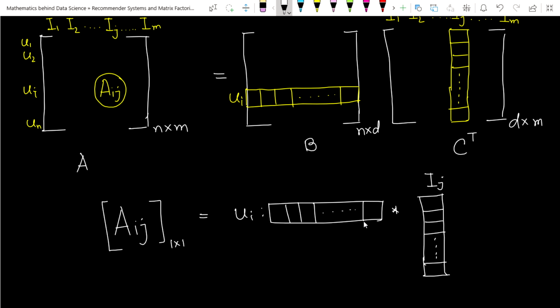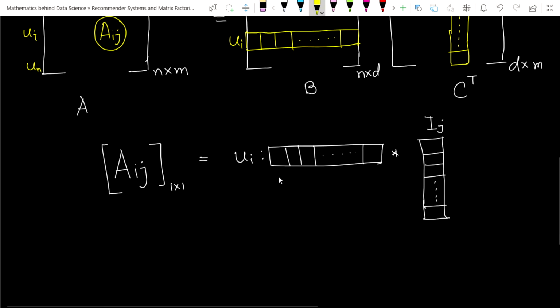So its dimension is a single row, 1 cross D, and the column's dimension is D cross 1.